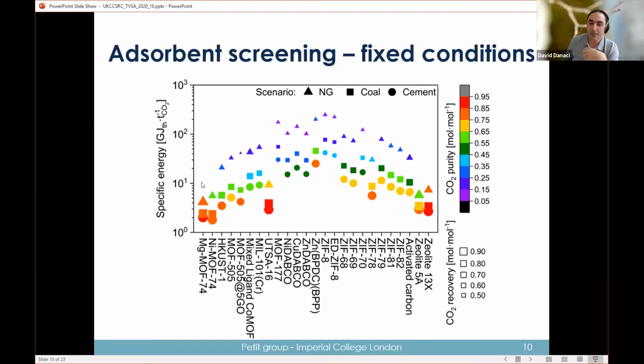However, the working capacity is still not equivalent, and you also need to heat to a much higher temperature. So with some process level optimizations or modifications, maybe it is possible to reduce. In theory, it is possible, but it is yet to be seen for this value to be reduced to the 2 gigajoules thermal per ton of CO2 case.